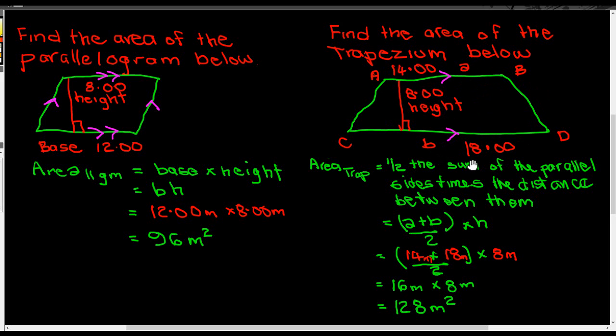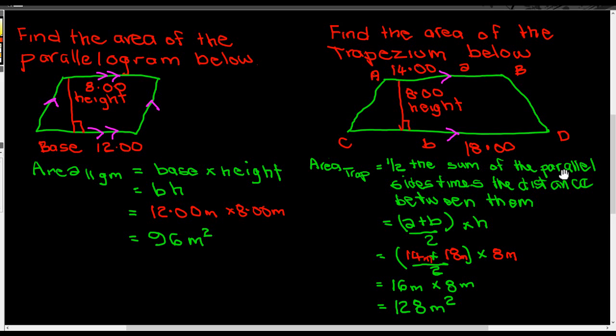And again we have our parallel lines with the distance between them, which becomes the height of the trapezium. So the area of a trapezium, and I've written it out here in full words, is equal to half the sum of the parallel sides times the distance between them, which is in fact the height of the trapezium, the distance between parallel lines being the height.